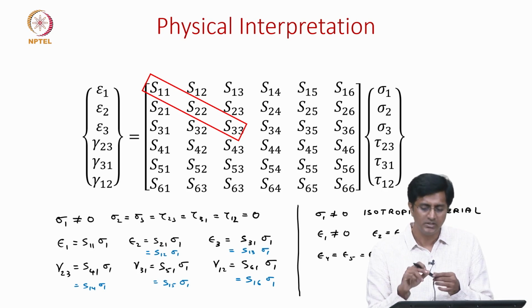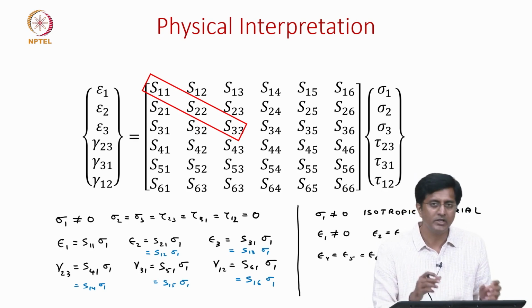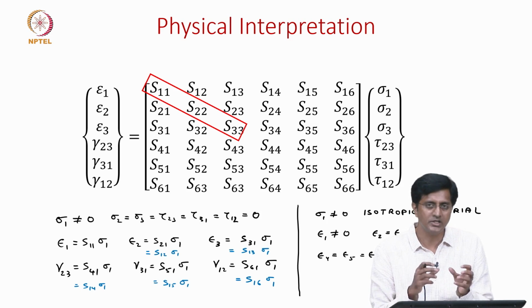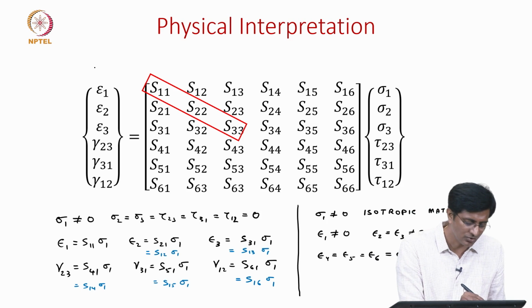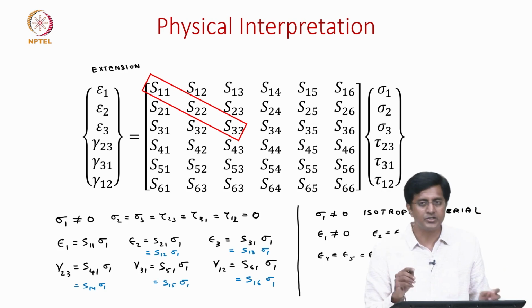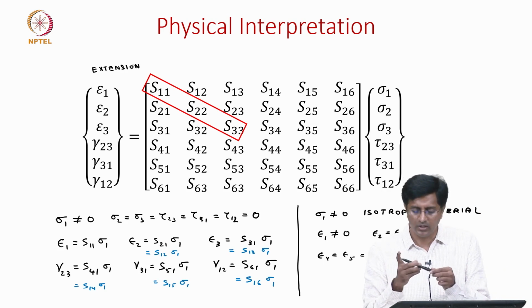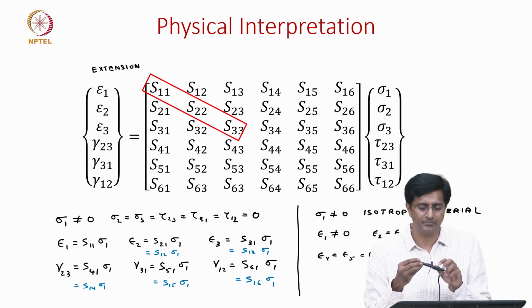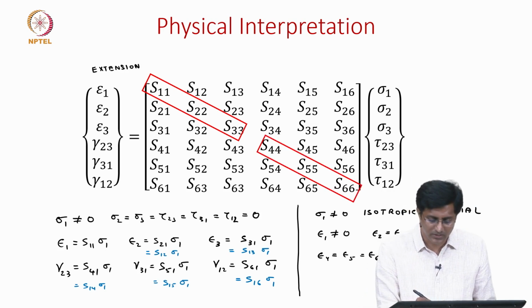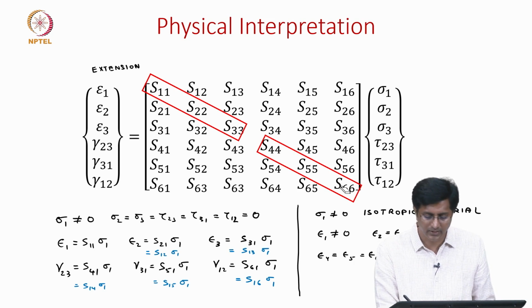So these bring in the corresponding strains in the same direction as the loading. We call these the extension components, because the loading direction and the strain we are looking at are both the same.